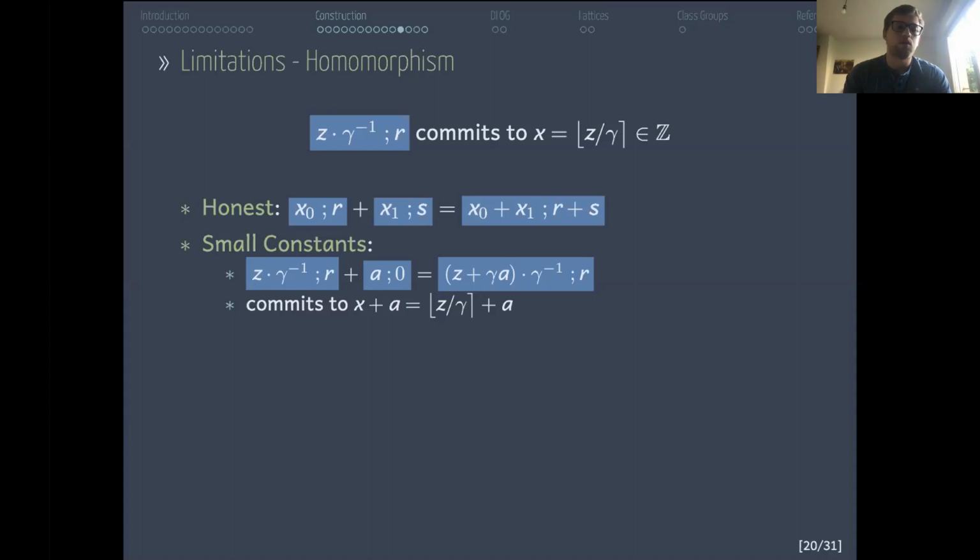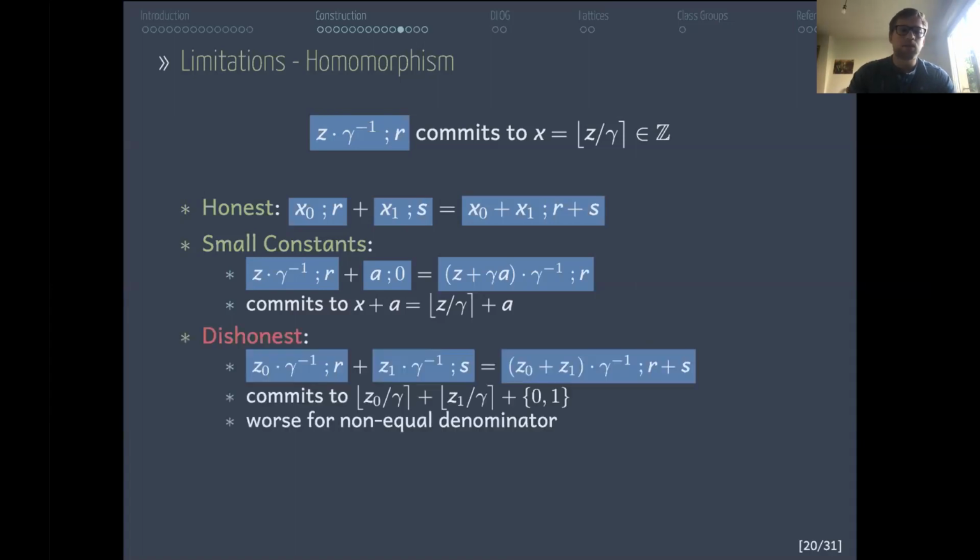Then we just commit to a and 0, and we add it with the homomorphic operation to the original commitment. And then if we compute the committed value, it will be equal to x plus a. These two properties are very important for range proofs in our setting, where we need to show the 3-square decomposition.